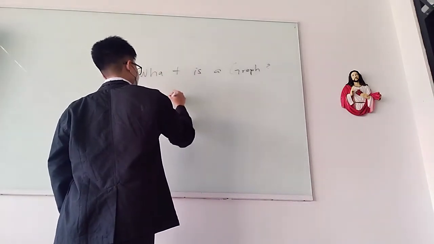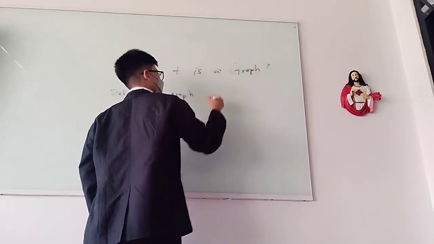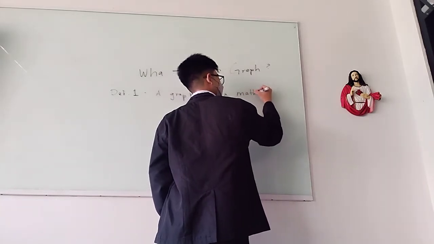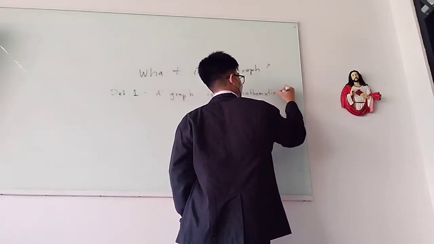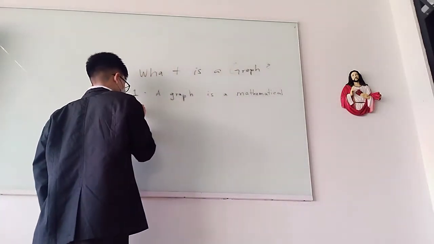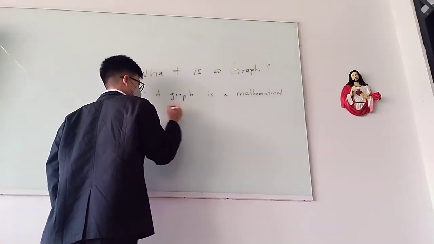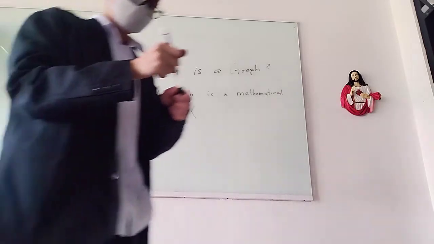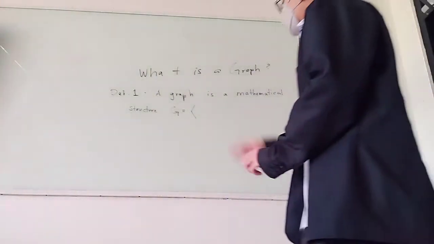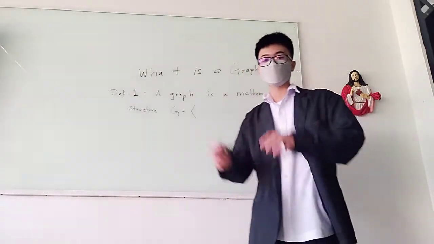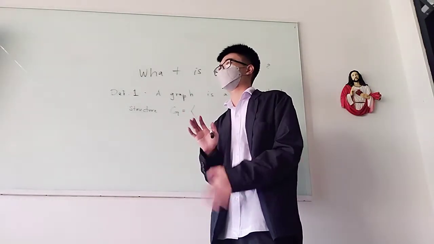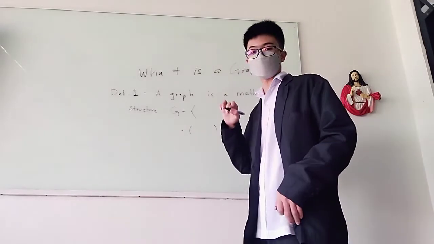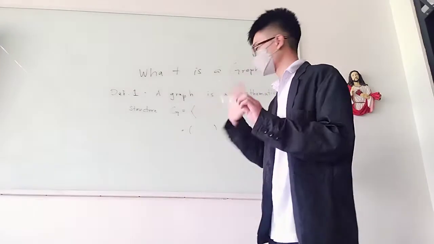A graph is a mathematical structure which I will call G, which is an ordered pair. Here in this case, we're going to be using the angle bracket notation for ordered pairs, so that we can differentiate between an open interval and an ordered pair. But most mathematicians actually just use parentheses. We're using angle brackets here. Same thing anyway, doesn't matter.